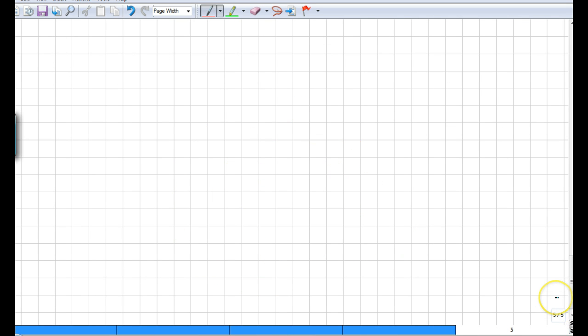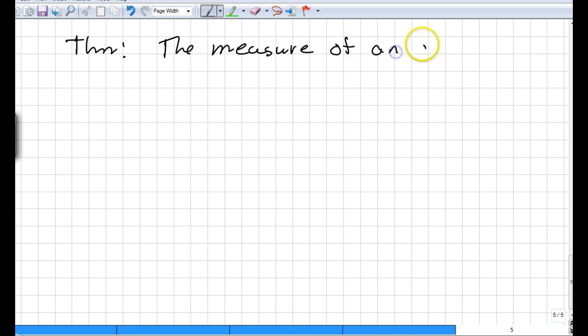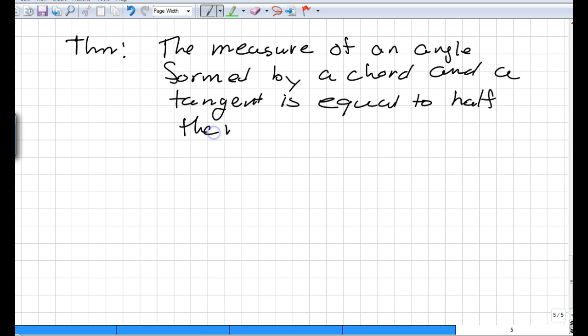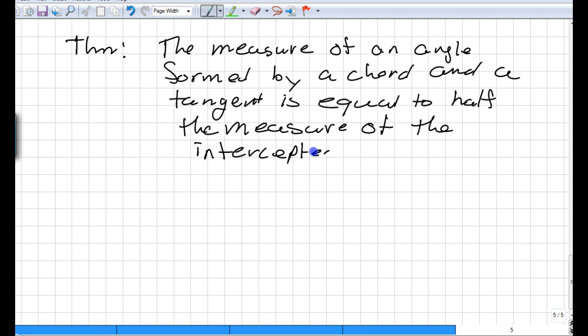And one more theorem. The measure of an angle formed by a chord and a tangent is equal to half the measure of the intercepted arc.